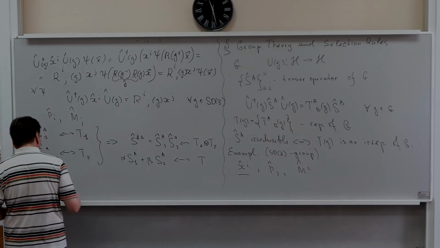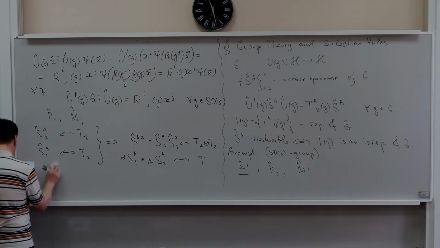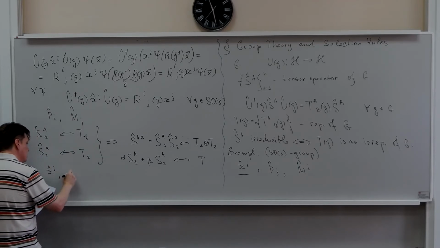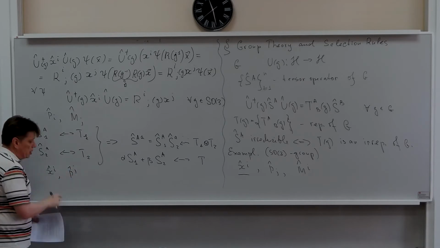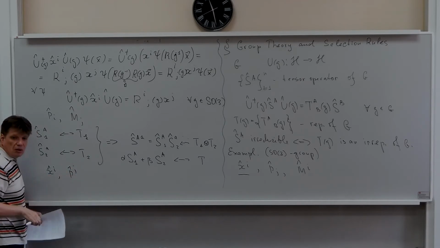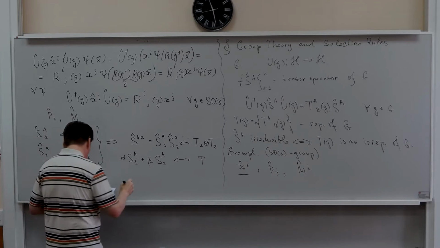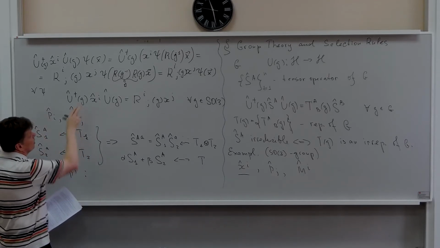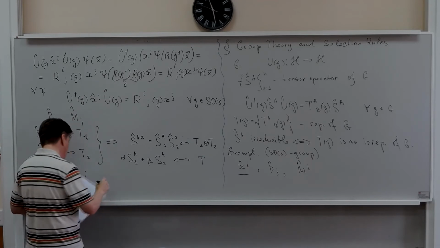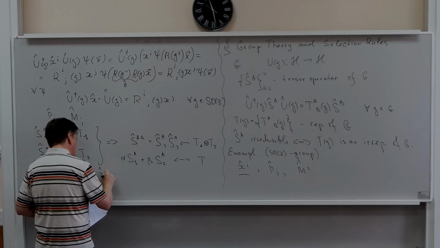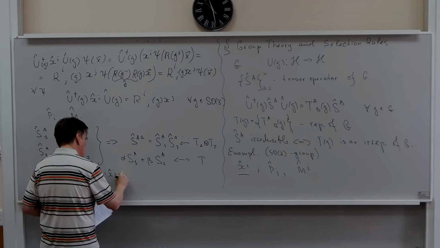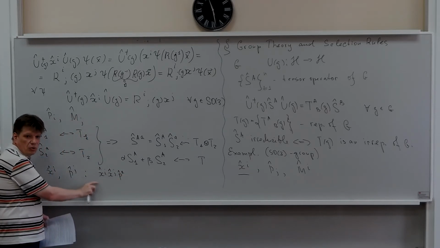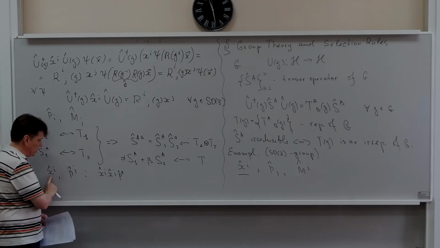For instance, starting with the position coordinates and their conjugate momenta, we can construct a great number of new tensor operators for the group SO(3). For example, x_i x_j, or the triple product of operators x and p.